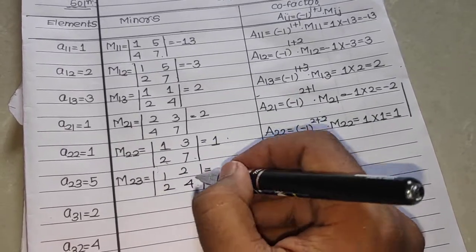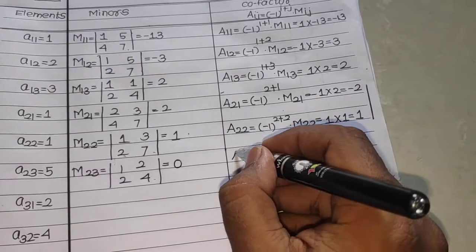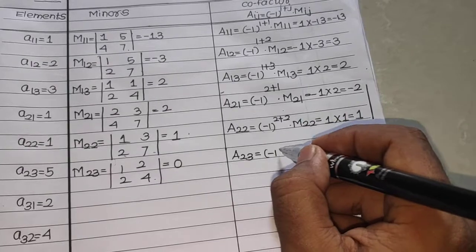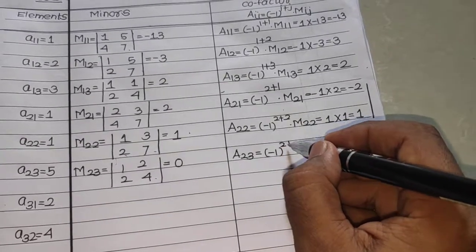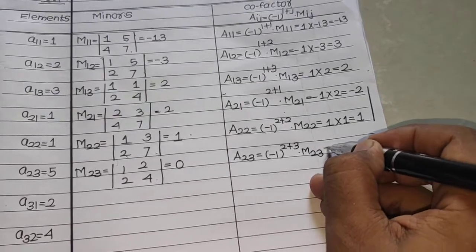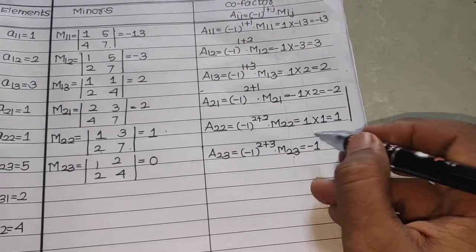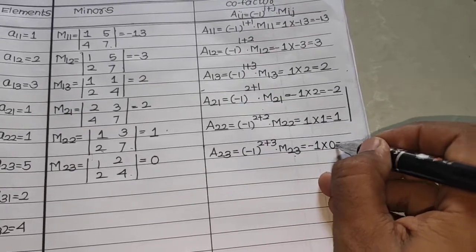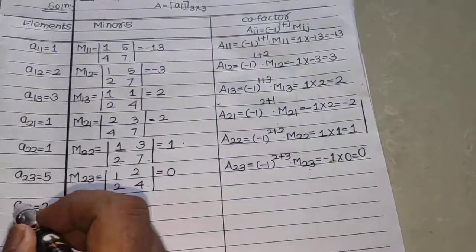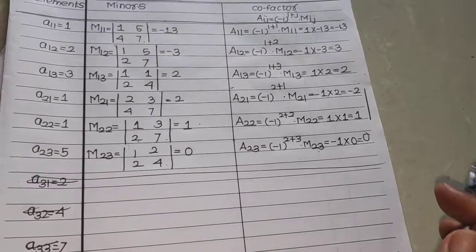So we get 4 minus 4, that equals 0. A23 is minus 1 raised to 2 plus 3 into M23. So minus 1 raised to odd number 5, M23 is 0, and we get this as 0. I don't think any operation on anything from A31, A32 and A33 is required, so it is unnecessary to solve them.